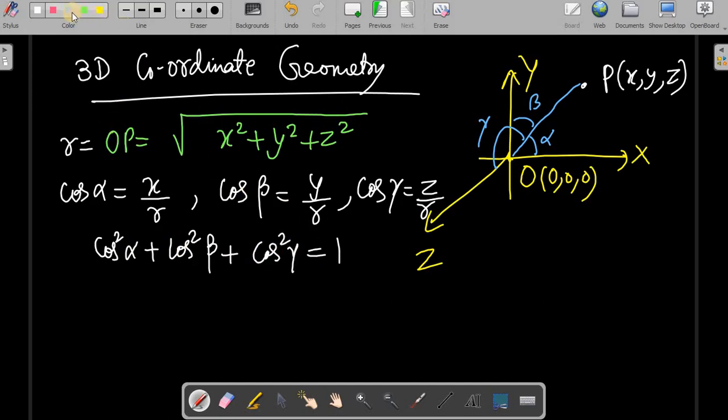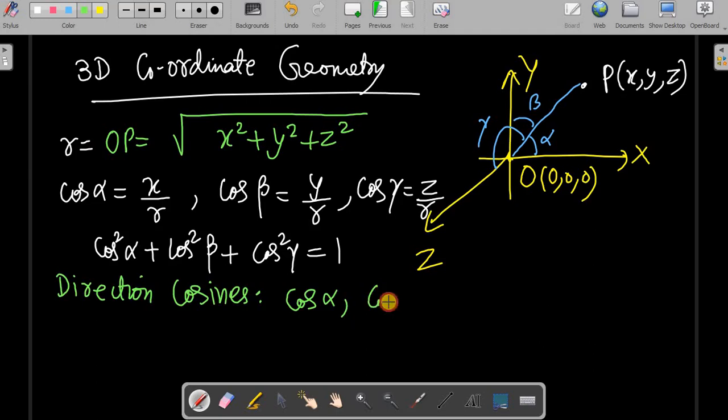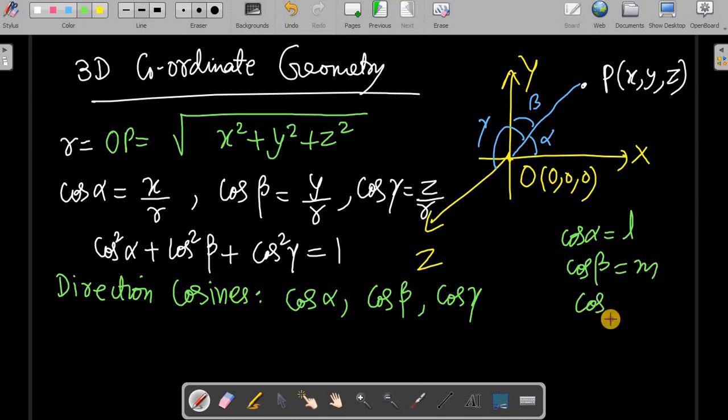These cosines are called direction cosines because they are giving direction. Direction cosines means this cos alpha, cos beta, cos gamma. Sometimes cos alpha is written with the symbol l, cos beta is written as m, and cos gamma is written as n.